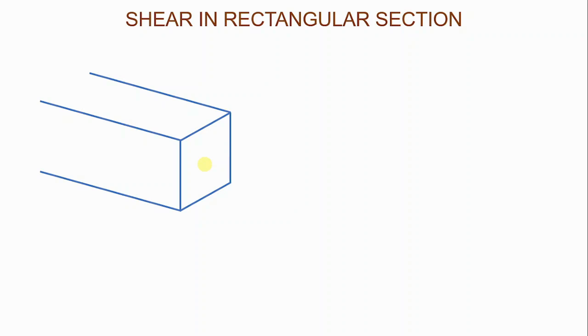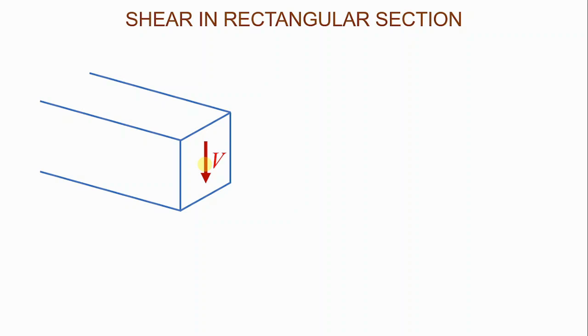Let's say we have a beam like that, and of course we've sectioned it as I explained. At this section, when you draw the shear force diagram, you find that the shear force is acting down like that. In this particular module, we will refer to the shear force as V, capital V. That is what represents the shear force.